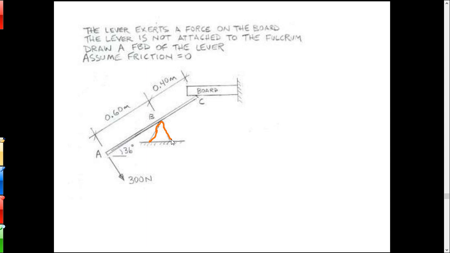Okay. Now on this one, we're assuming the friction is 0. We're assuming smooth surfaces here. So we're going to take kind of what I call an idealized look at this. We're not going to make it theoretical. We're going to make it kind of an academic approach. We're going to assume that this bar does not penetrate and bite into the board. Everything's rigid.